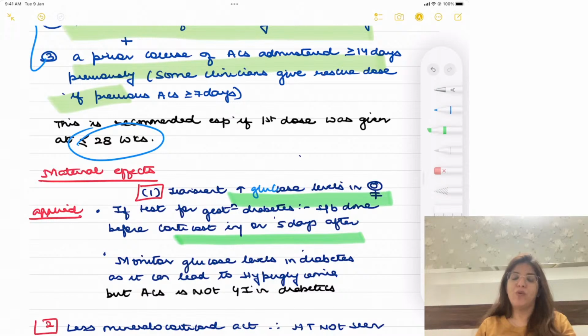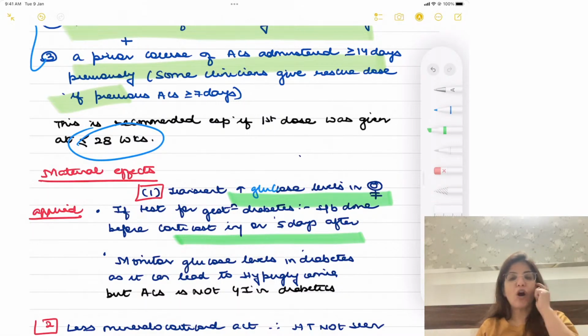Right? Now, number 2, all those patients in whom you are giving corticosteroids, because it is increasing glucose levels. Suppose I have a diabetic patient. Now this diabetic patient will have polyhydramnios, and because of polyhydramnios she goes into preterm labor, right?